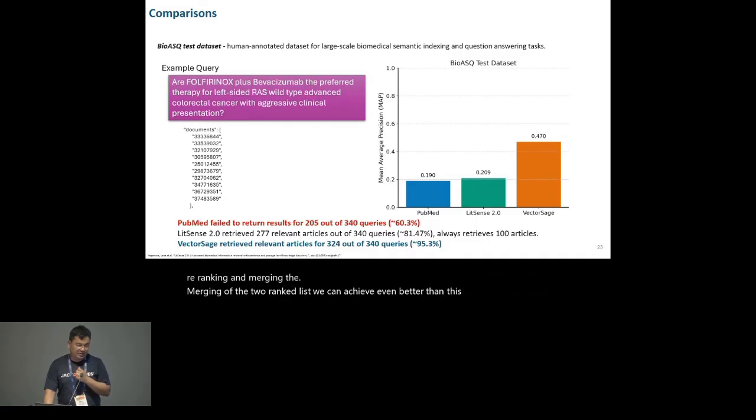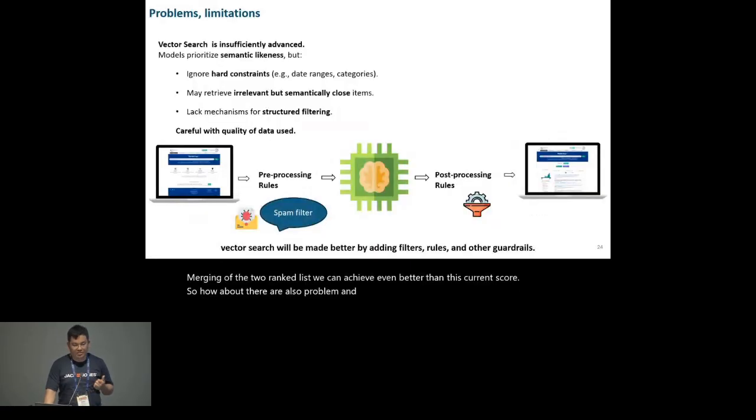So, however, there are also problems and limitations. We know VectorSage is significantly advanced because it finds relevant, semantically similar articles, but it ignores constraints. You can't make a constraint on date or date range or categories like that. But there are ways to overcome this.